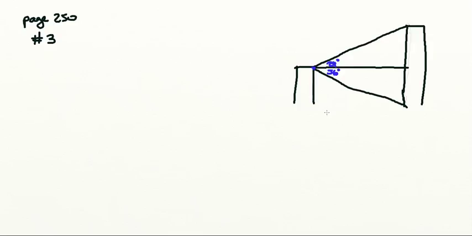If the buildings are 45 meters apart, so this distance here, that's 45 meters, which is also the length of that part of the triangle. Determine the height of each building.